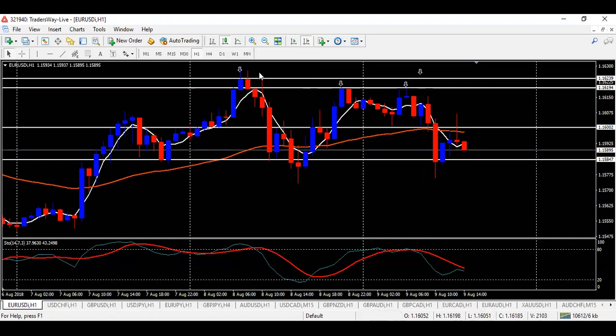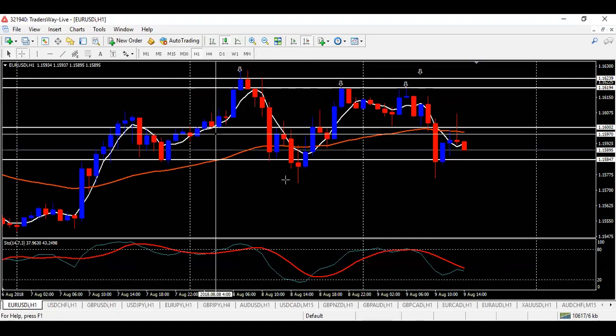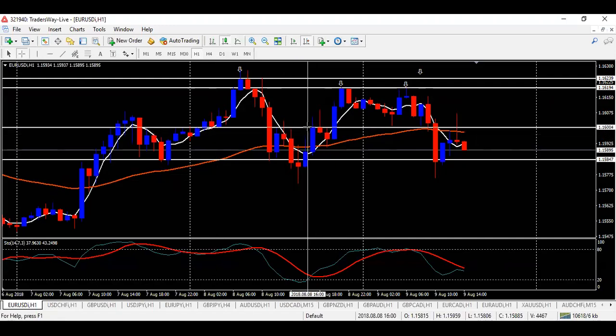But where did you lose? I think you must have closed, because I'm trying to figure out how you lost. If you got in here, remember you got a 30 pip stop loss. That would have got it even up here. That's where you would have been for your stop loss.